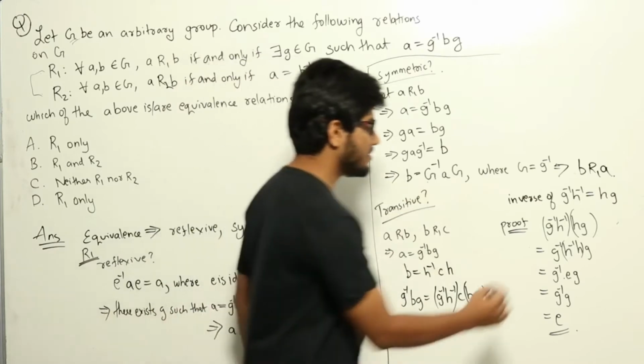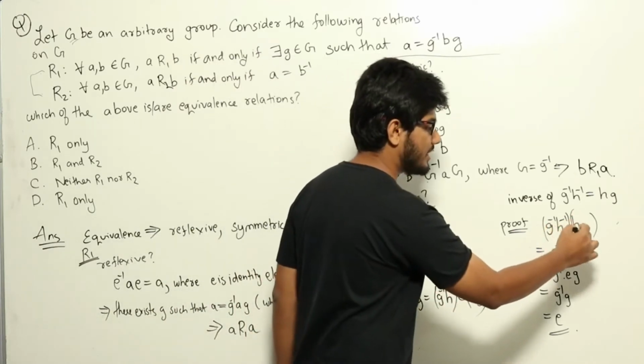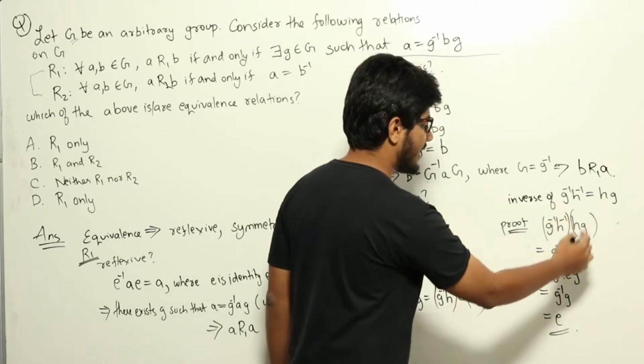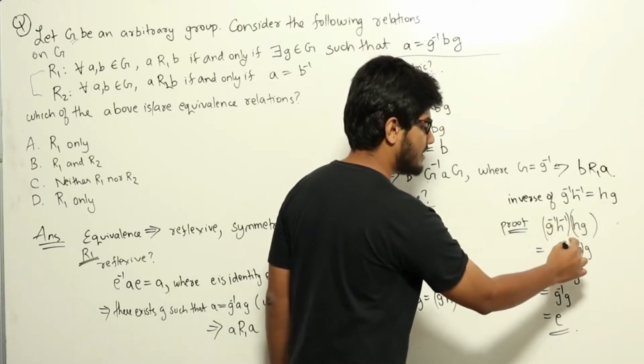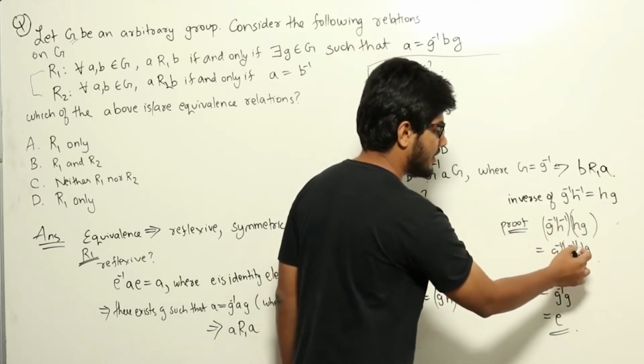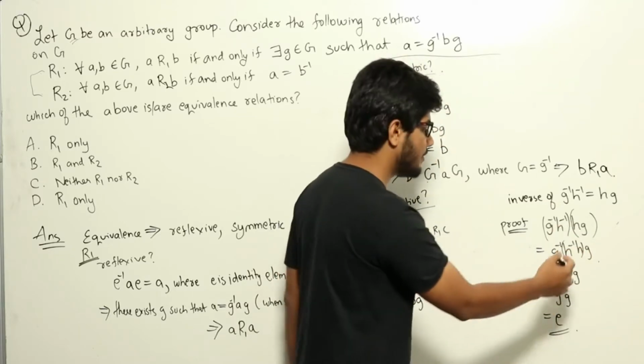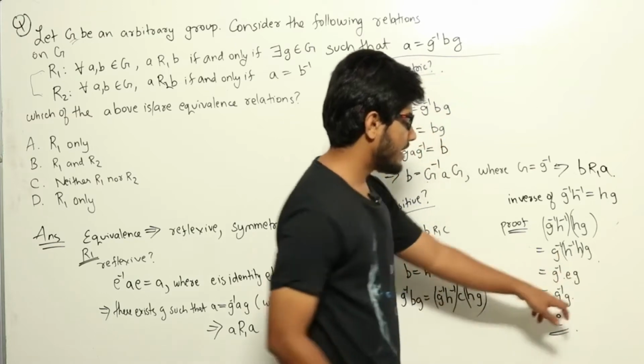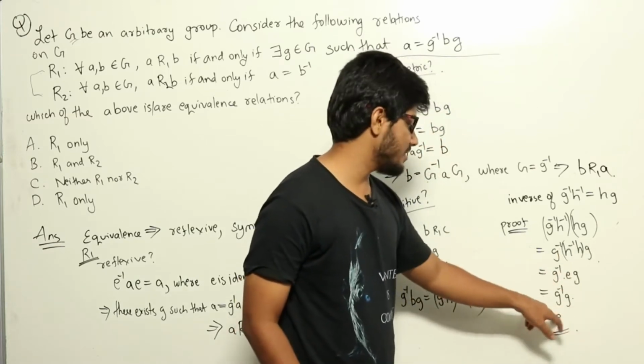The proof of that is, see, g inverse into h inverse into h into g, multiplying these two, I can put the brackets in this way such that g inverse into h inverse into h into g. h inverse into h will be E only. So g inverse into E into g is g inverse into g only. That is again g inverse into g, that is E only.